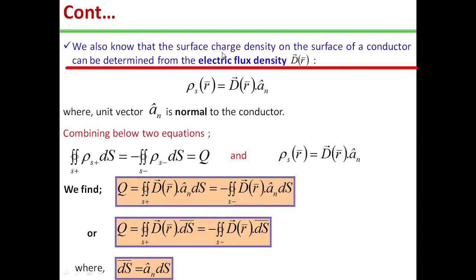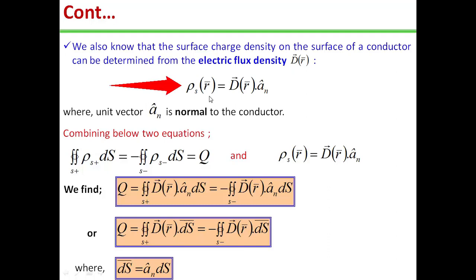We also know that the surface charge density on the surface of a conductor can be determined from the electric flux density by Gauss law. So we can write rho s is equal to D dot an, where an is the unit vector normal to the conductor.